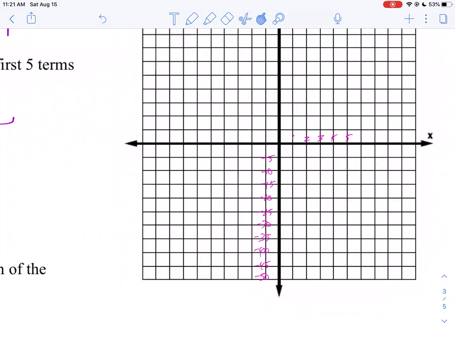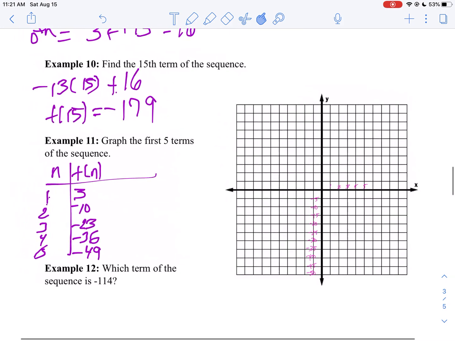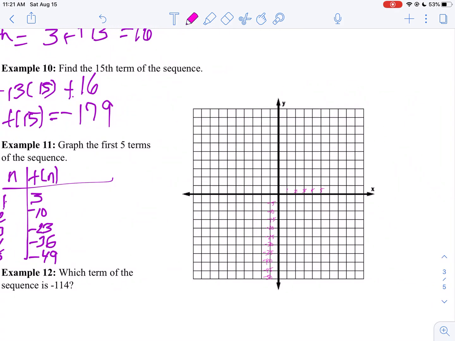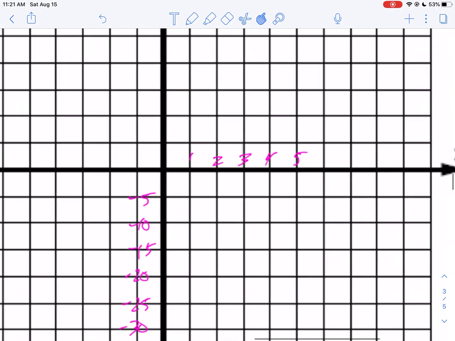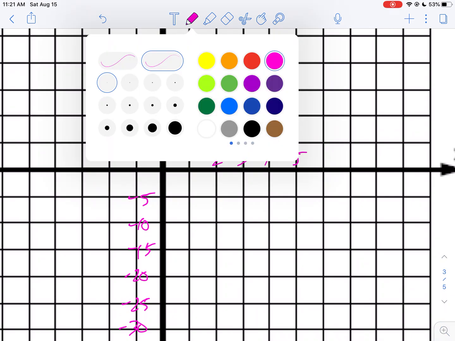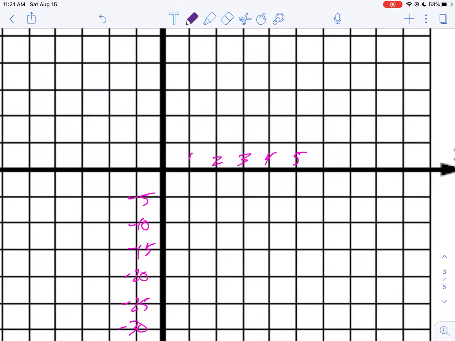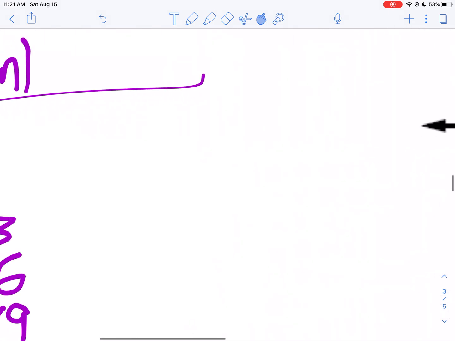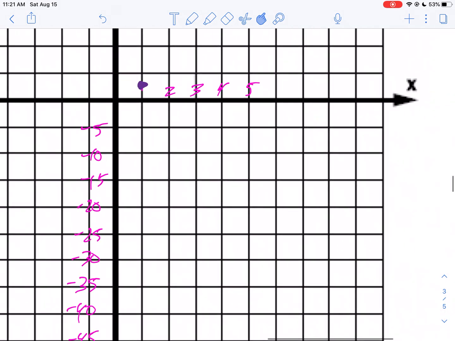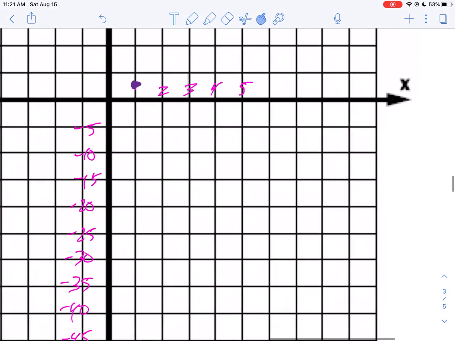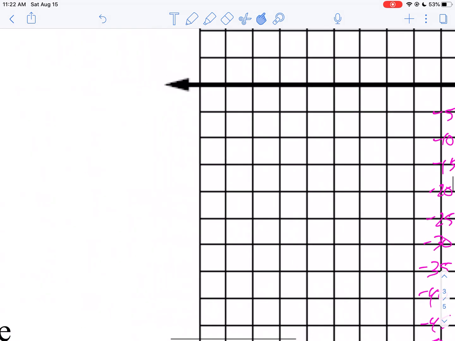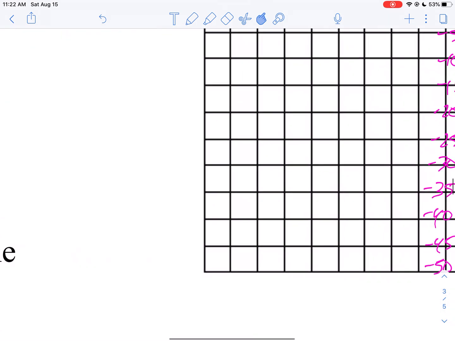So our first term is 3. So I'm going to go 1 and 3. Two, I'm at negative 10. Three is negative 23.